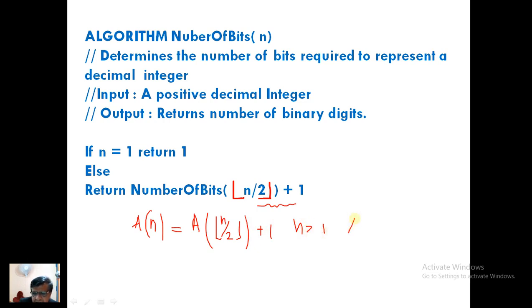And if the value of the input happens to be 1, then there is no question of addition, because it returns the answer directly, returns 1, therefore A(1) equal to 0.